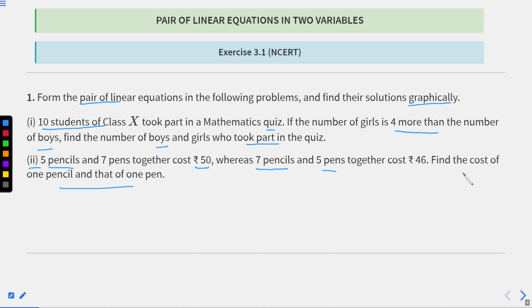Okay, so we can let the cost of one pencil be x and the cost of one pen be y. Then according to this question, we will get two linear equations: 5x plus 7y equal to 50, and 7x plus 5y equal to 46.